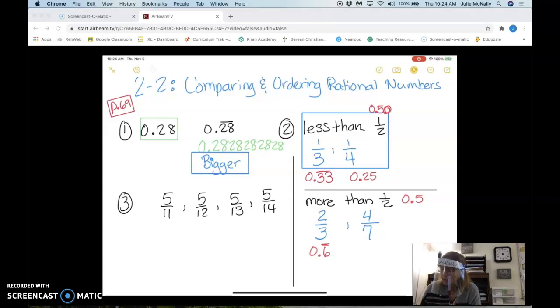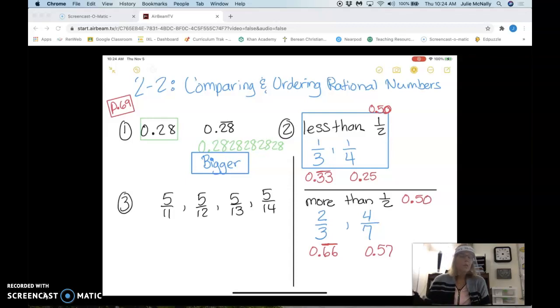And I'm just going to cut this one off, even though it goes on and on. I'm going to stop it at 2 decimal places. Okay? And so I want this little guy here to be 2 decimal places as well. And since it's a repeating decimal, I'm going to add another 6. And then I'm going to add a 0 to my 0.5 so that it's all the same length.